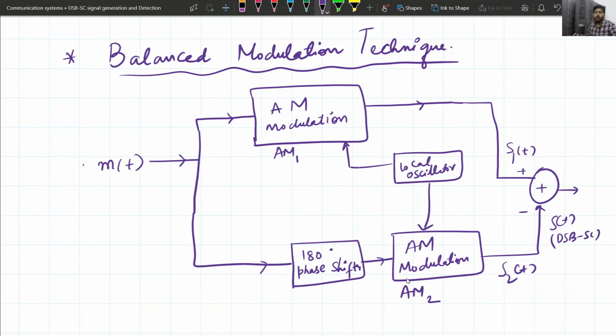So this is the block diagram of the balanced modulation technique. We are using two amplitude modulators that are kept in a balanced form.